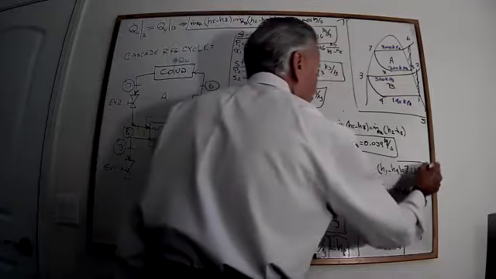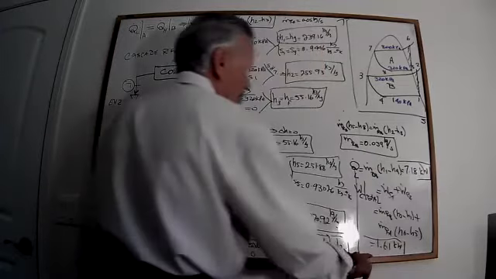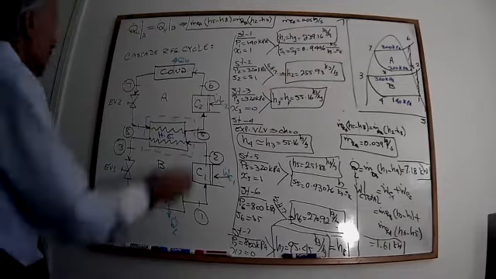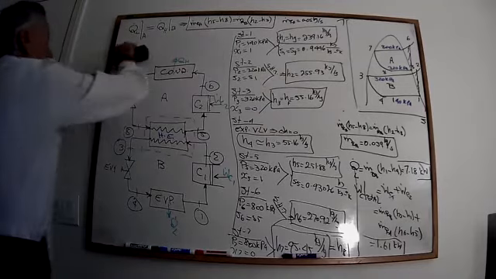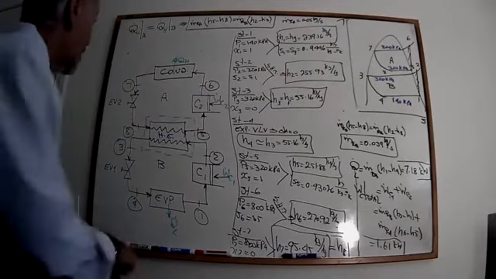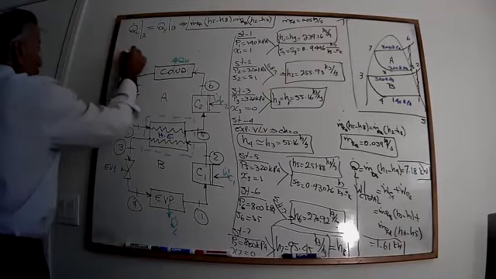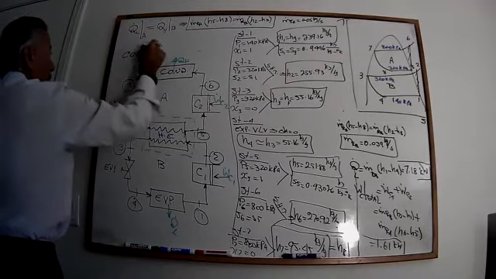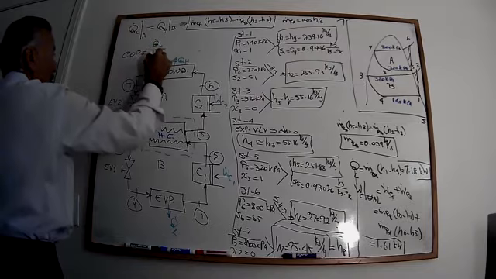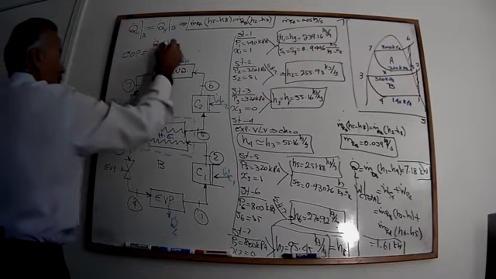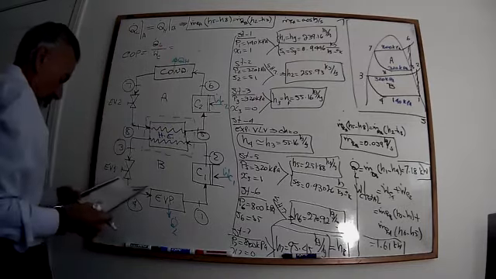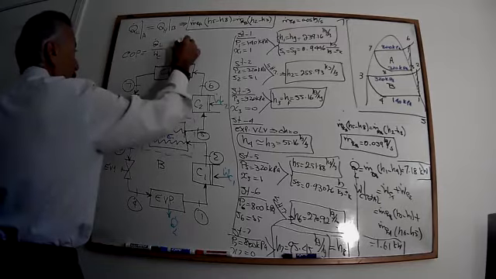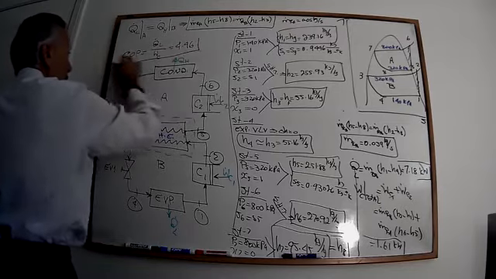So I have my QL, I have my total work in. All I need to do, find the COP. The COP would be QL divided by work in or work of the compressor. If I plug the number in, I will get a COP value of 4.46.